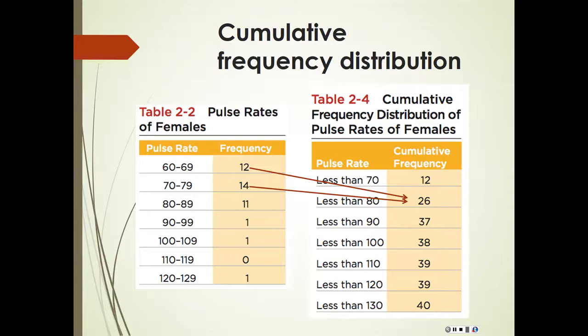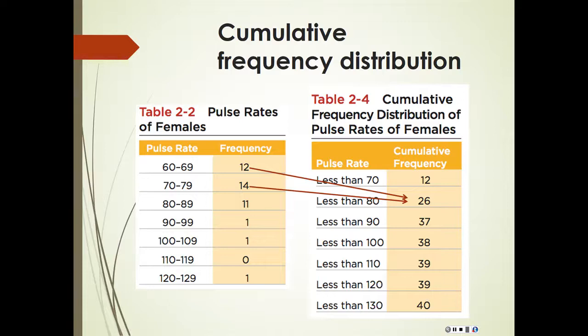And then when I move to the next category, I'll add one more and get 38. My next category gives me one more, so that's 39. My next category doesn't add anything to it, so it stays at 39. But then my last category only has one piece of data in it, and 1 plus the 39 gives me all 40 of my women.